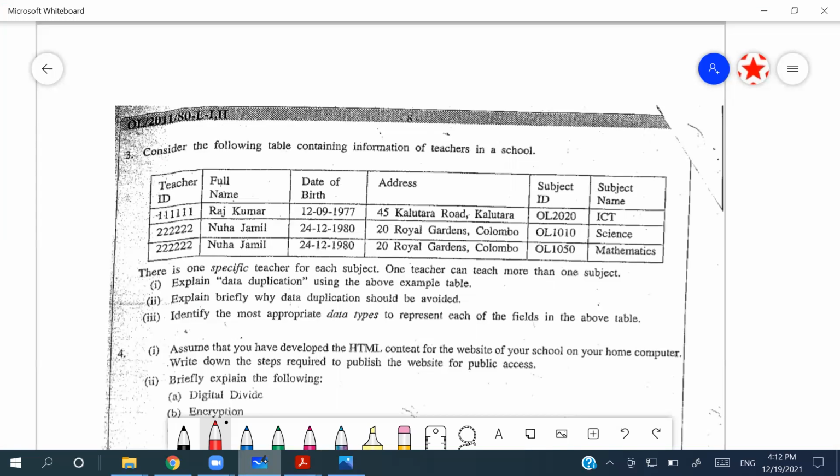If the data unwantedly repeats, it gives data redundancy. And if the data redundancy is there, data accuracy will be minimized, right? Because there is more room for error. And the reliability will be minimized, right?